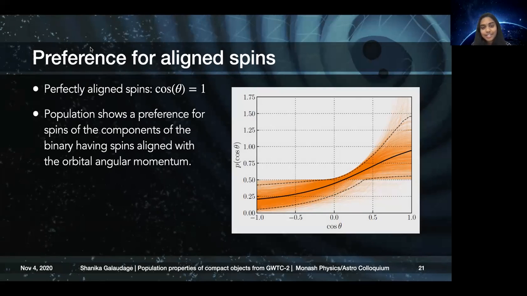I think this really does link back to some studies done by some fellow Monash people. I think Isabelle did a study on 190521, which showed that signatures of precession could be shown as eccentricity and vice versa.